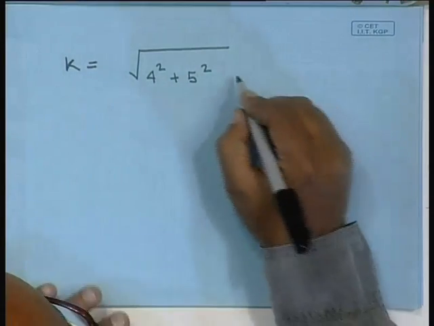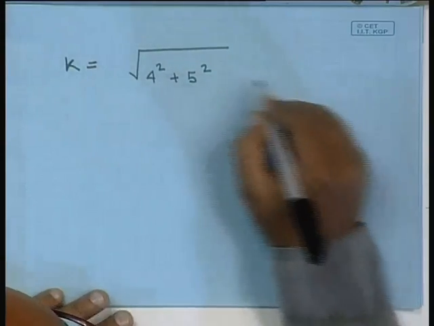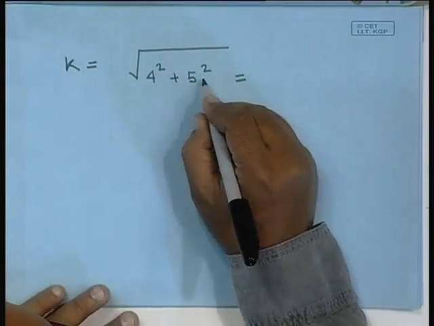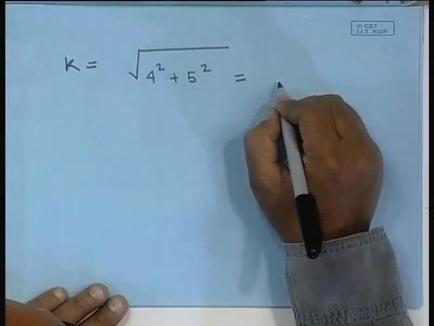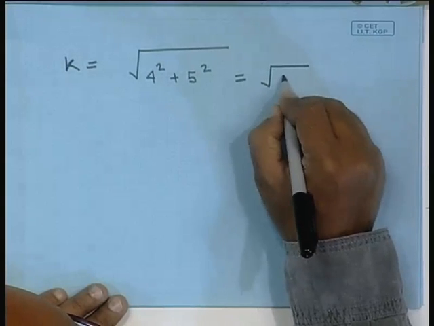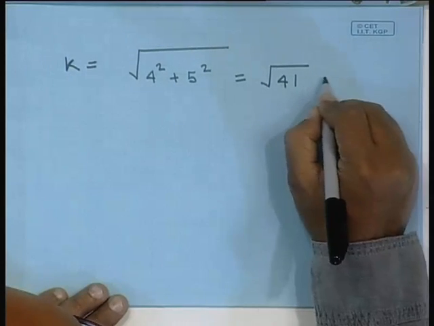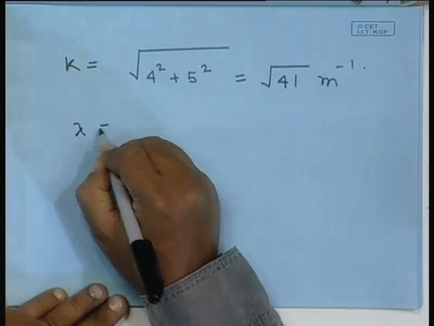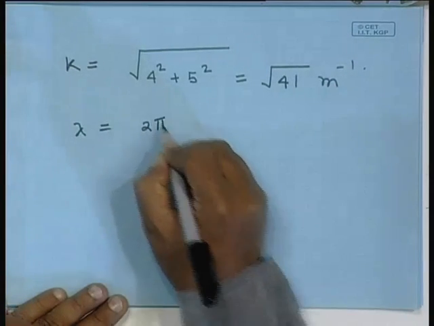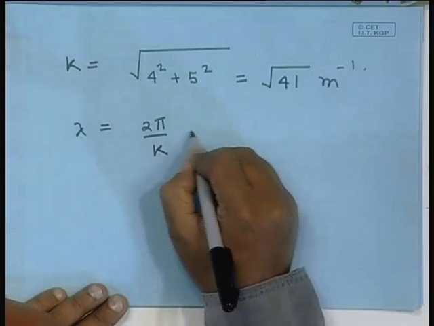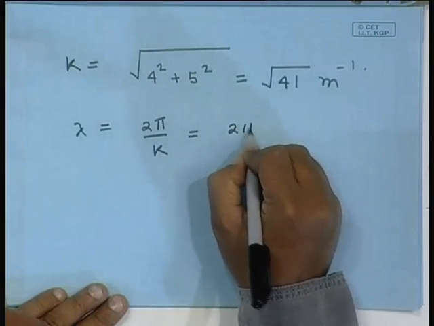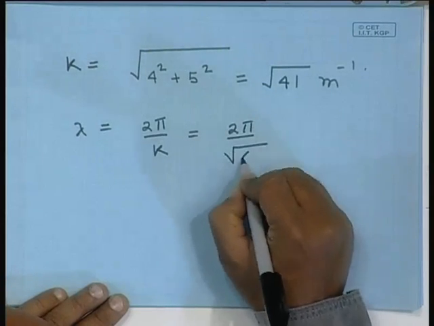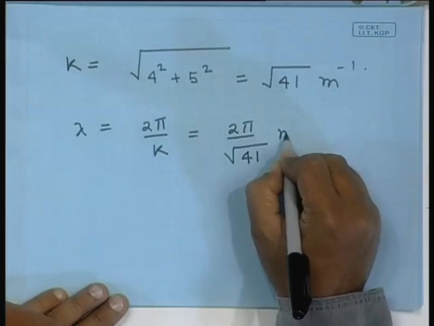This is 16 plus 25, which is 41. So this is the square root of 41, and the units are meter inverse, and the wavelength lambda is 2 pi by the wave number k, it is 2 pi by the square root of 41 meters.